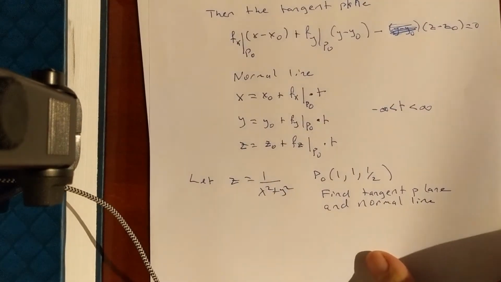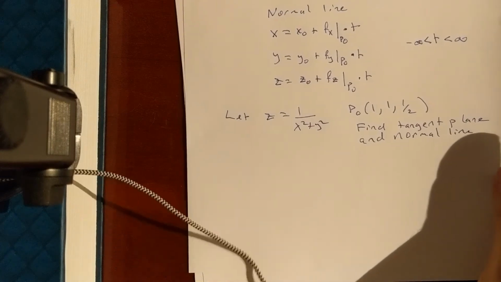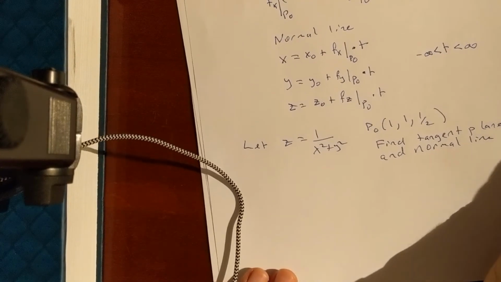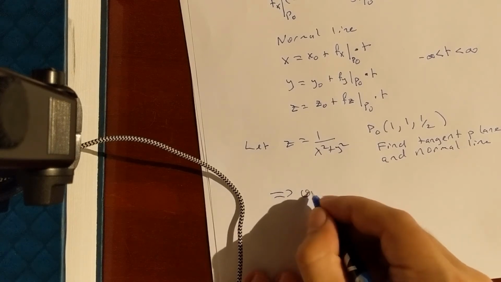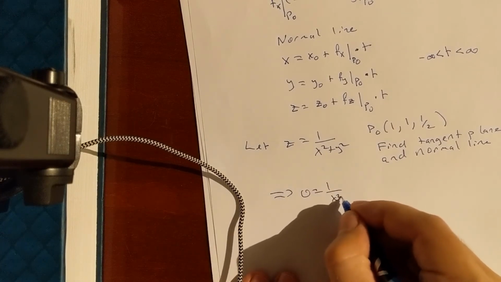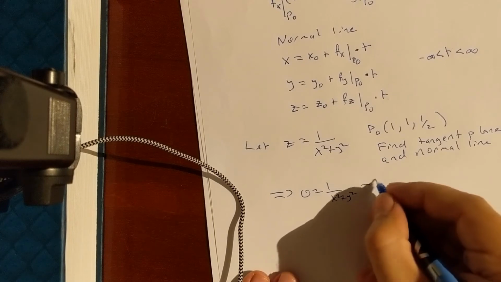So at this point, what we thought of this as is 0 equals 1 over x squared plus y squared minus z.